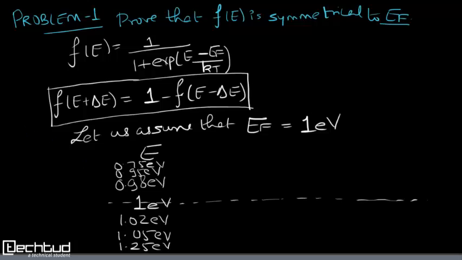Now let us see the different values of (E minus EF) by kT. Here E is smaller compared to EF, so when you calculate it, you get minus 9.6525.